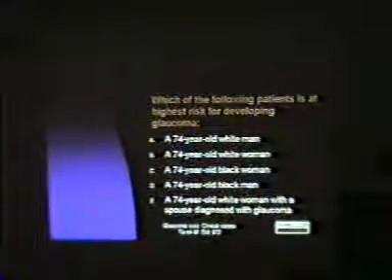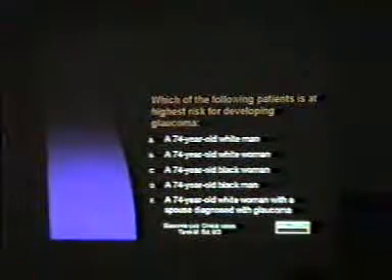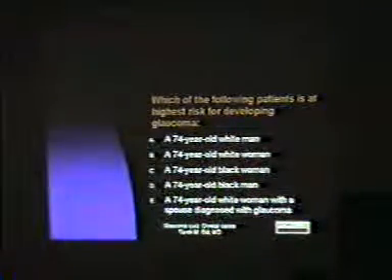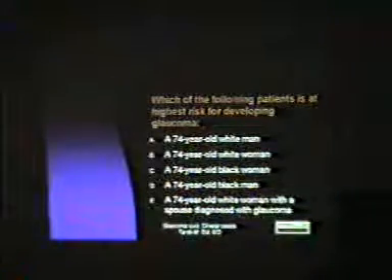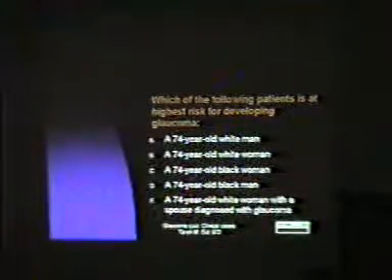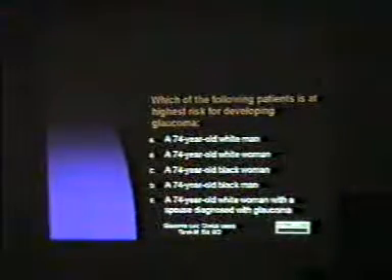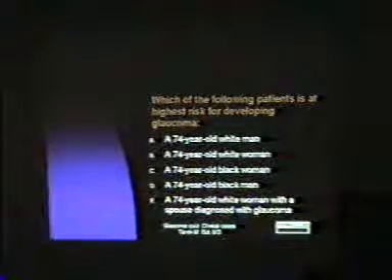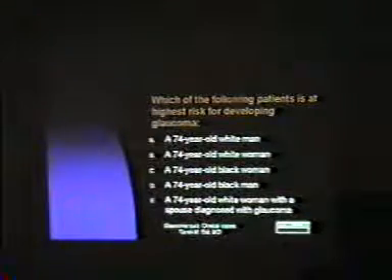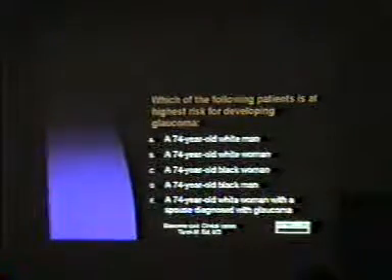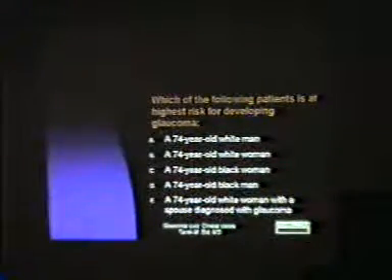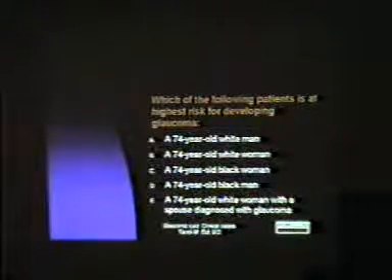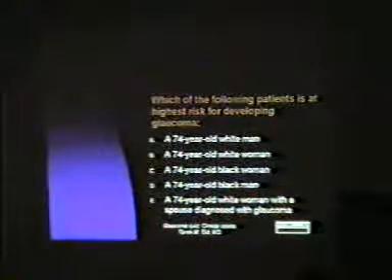Which of the following patients is at the highest risk for developing glaucoma? One answer, true or false? The same. Highest risk. A 74-year-old white man, a 74-year-old white woman, a 74-year-old black woman, a black man.